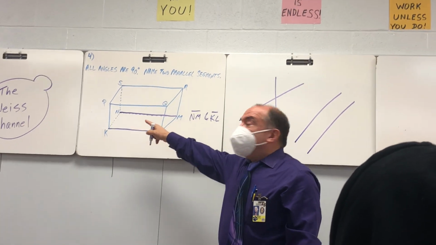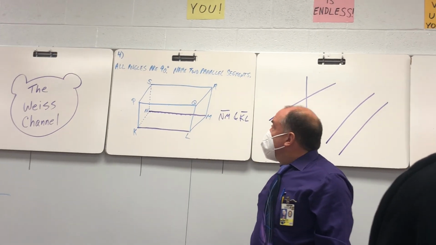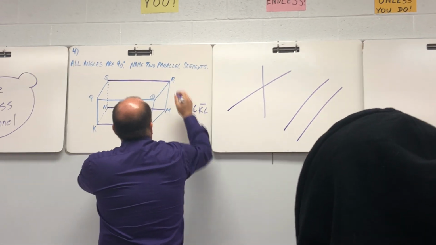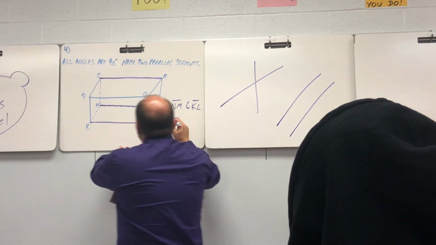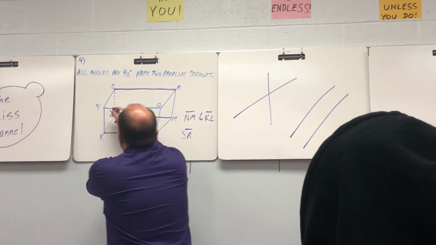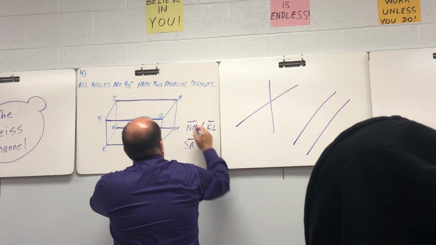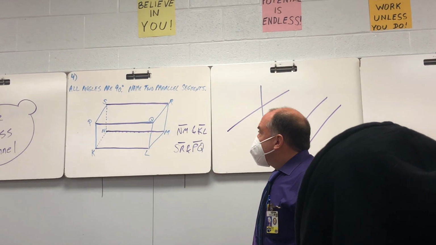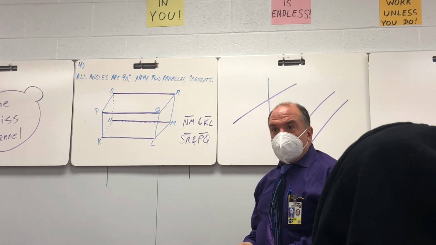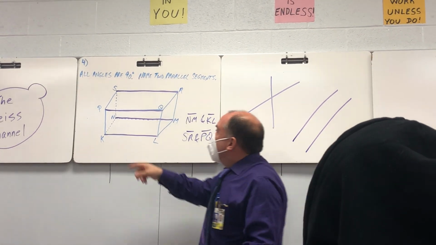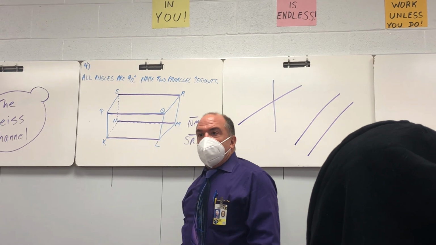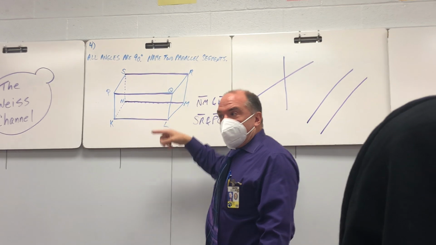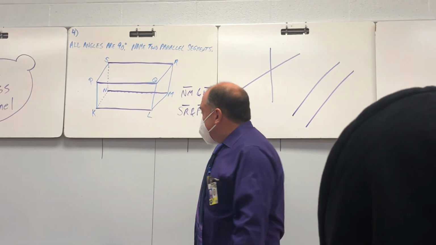What's another segment parallel to those two? SR. What's one more? PQ. Very good. We could have said PS with KN, and QR with LM. All four of those are parallel.